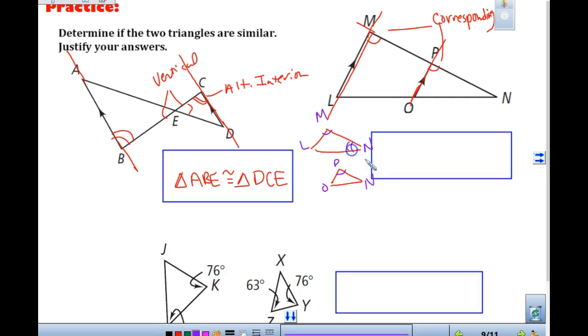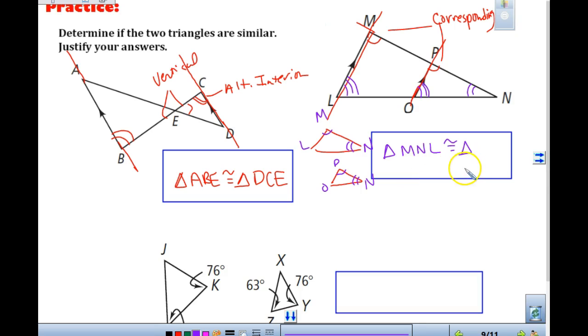Isn't angle N going to be exactly the same measure in each one? So you have this big triangle and this small triangle. If I start with the larger triangle and I call it triangle MNL, what is it going to be congruent to? And I could have used corresponding angles for this angle also, right? These are corresponding. These two are the same.